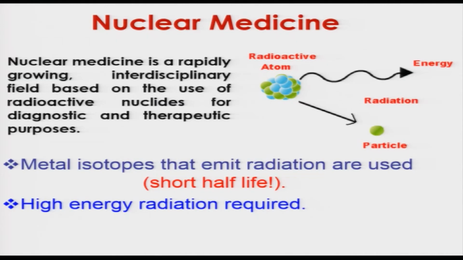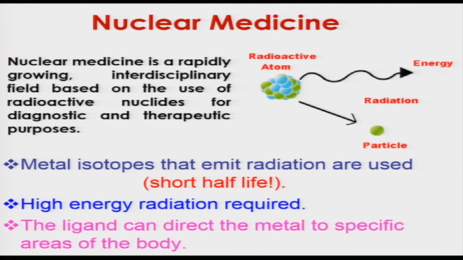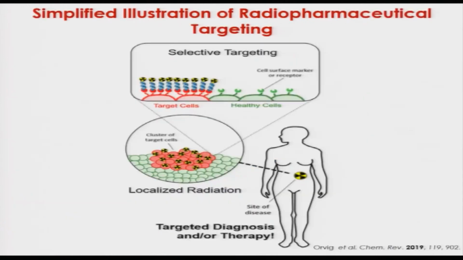High energy radiation is required. The ligand can direct the metal to a specific area of the body. So, here is a simplified illustration of radiopharmaceutical targeting. You see that this is the site of disease, and the radiopharmaceutical should selectively target those cells which are actually affected, and the other cells should not be disturbed.